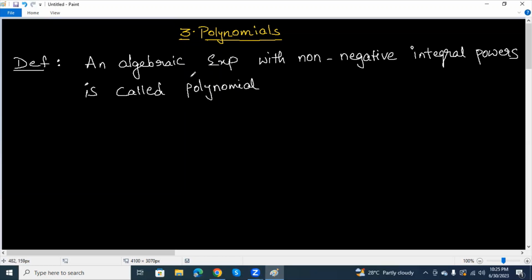An algebraic expression which involves variables, right? So with the non-negative integral powers is called a polynomial.